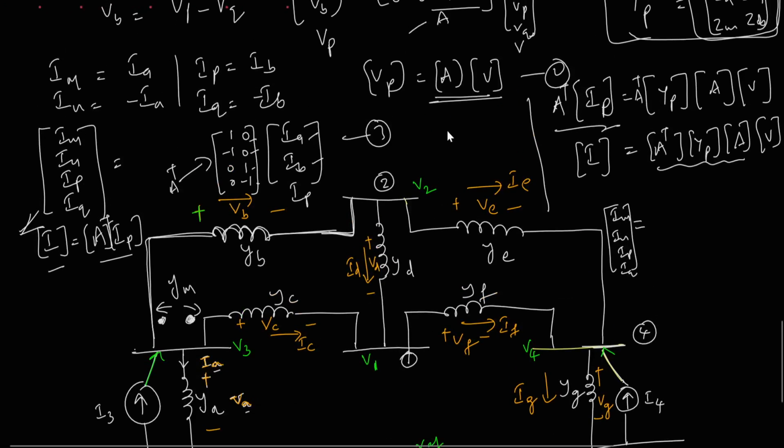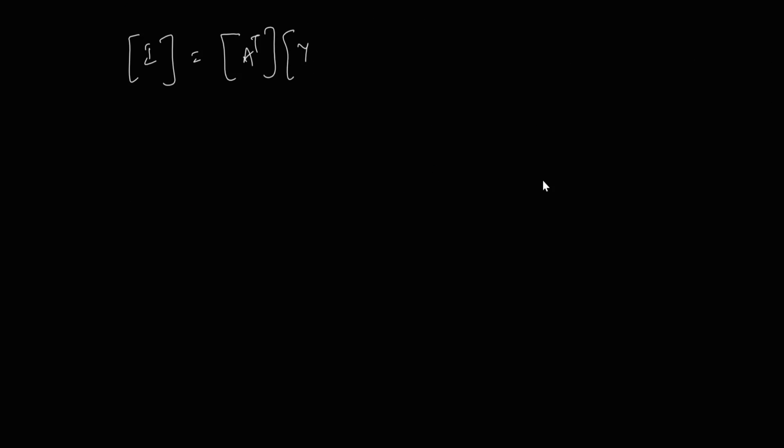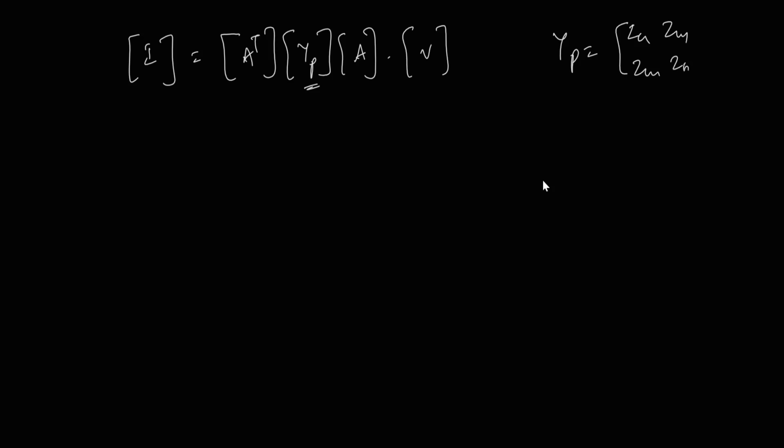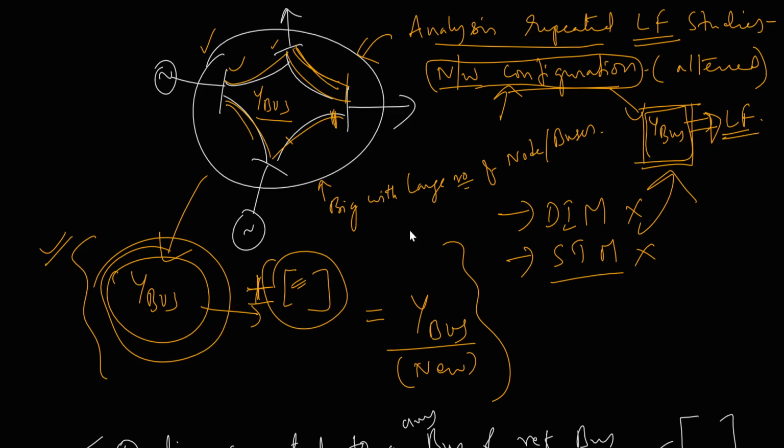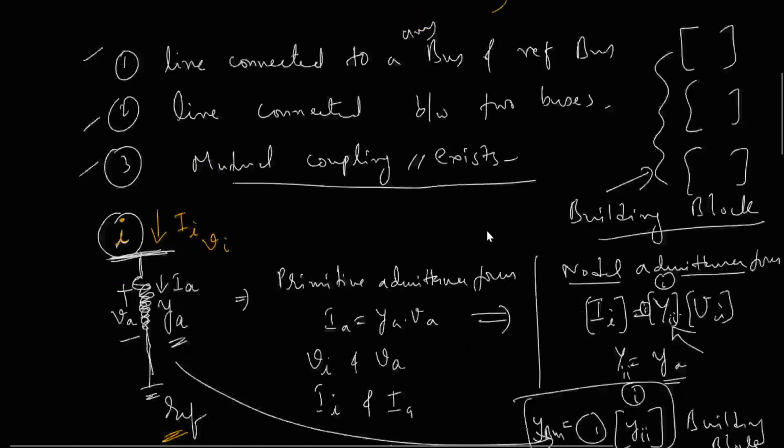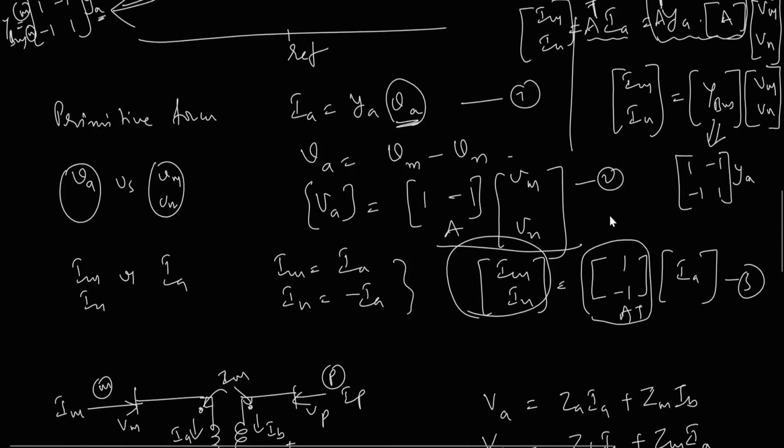Okay, I'll write on the next page. If you take down, I is equal to A transpose Yp A times V, where Yp is Z inverse of Za, Zm, Zb inverse, and A is, what is that A?